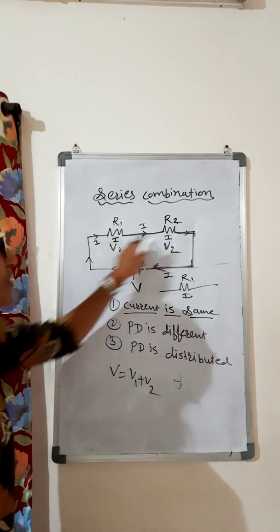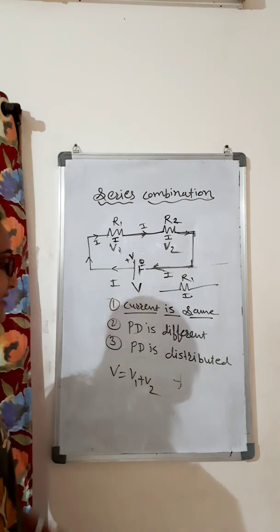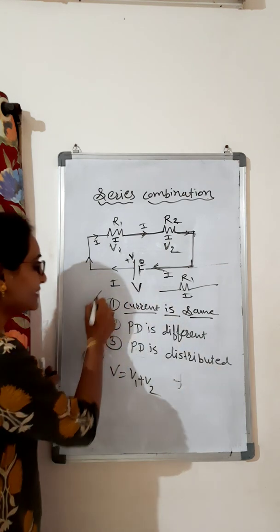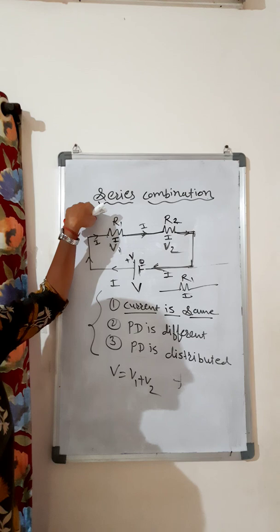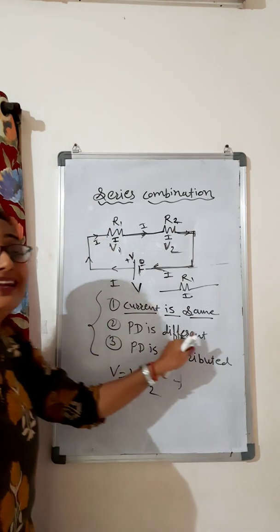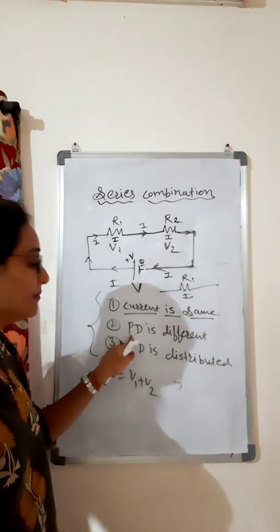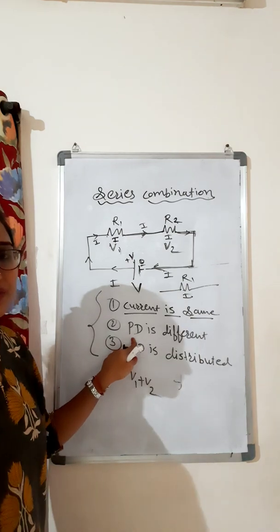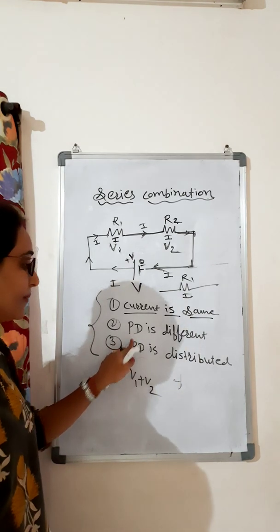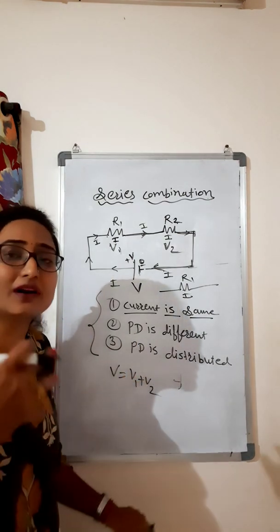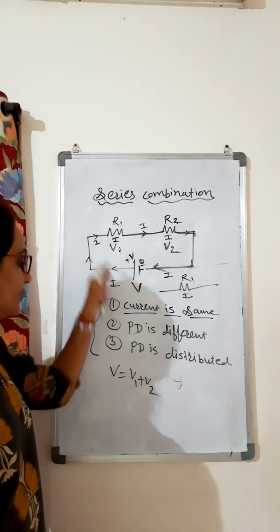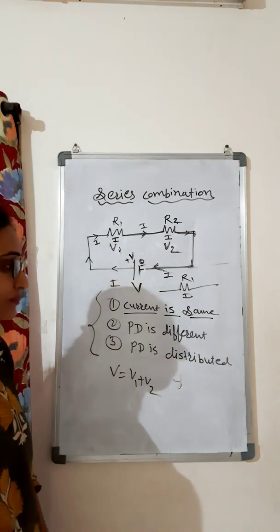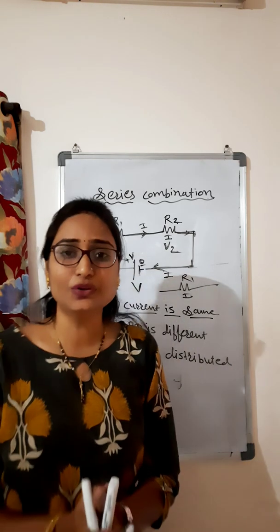That means potential difference is distributed in the circuit. So these are the three main points to keep in mind in series combination: current is the same, potential difference is different, and potential difference is distributed, V1 plus V2.